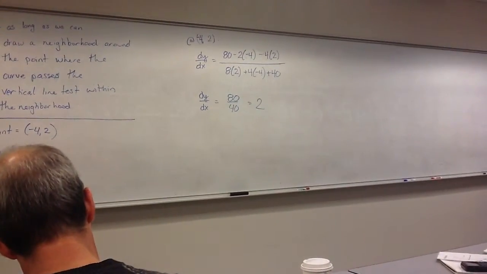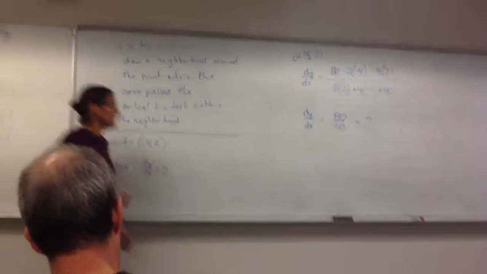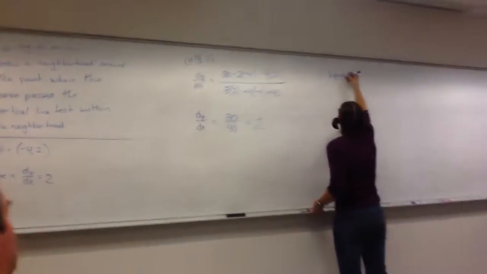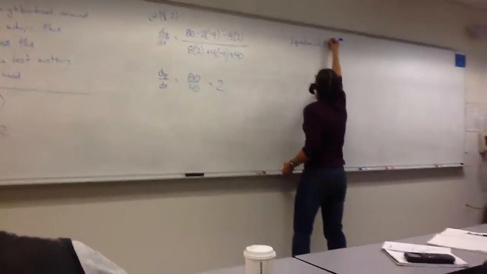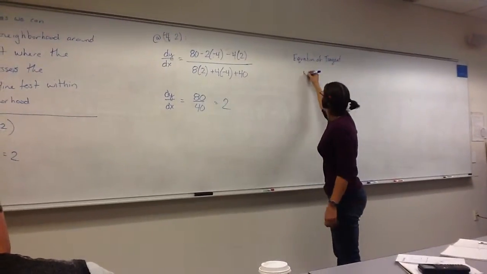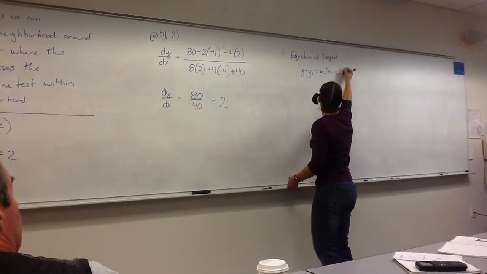So now we've got a slope and we've got a point. We can write down the equation of our tangent line. It looks like y minus y1 is equal to slope times x minus x1.